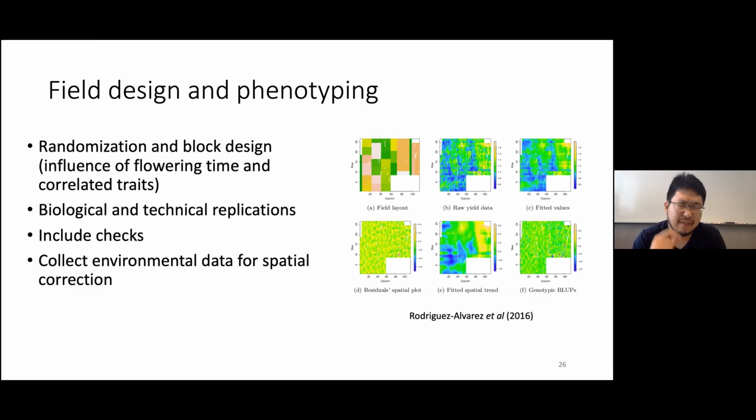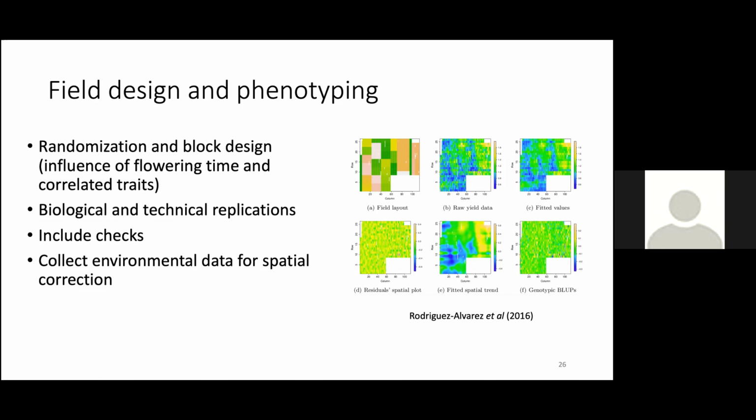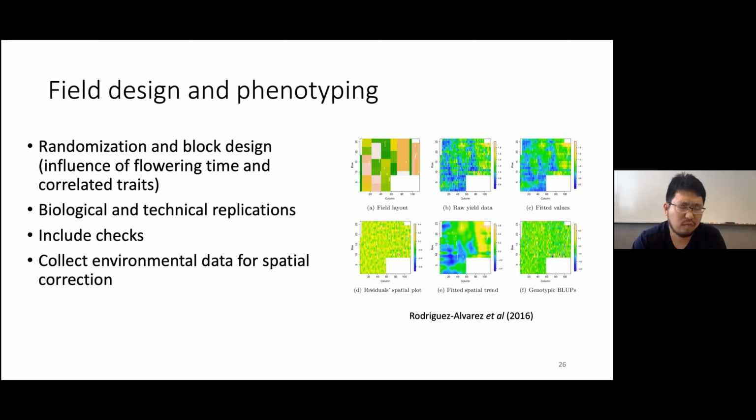When you design your experiment, you would want to use techniques such as block design and randomization, and also use biological and technical reps to increase the accuracy of the trait phenotyping.